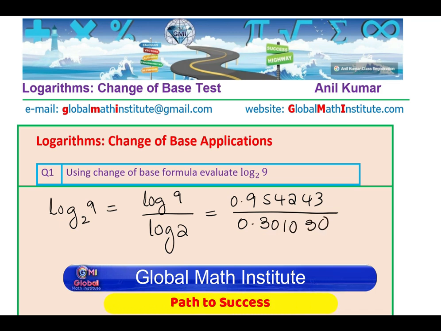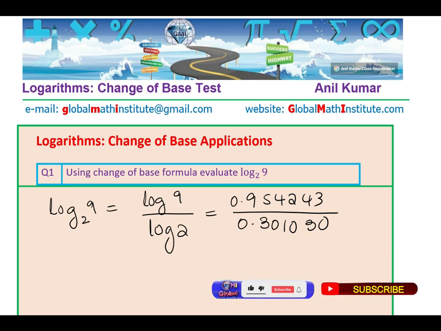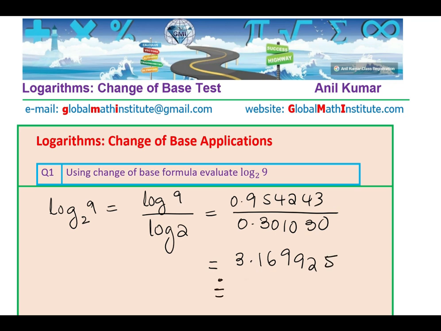So you divide log of 9 by log of 2, and what you really get is 3.169925. Normally, we need to write it in three decimal places, so let me write it as 3.170. I've written it to three decimal places, rounding off like this. That makes sense, right? Perfect.